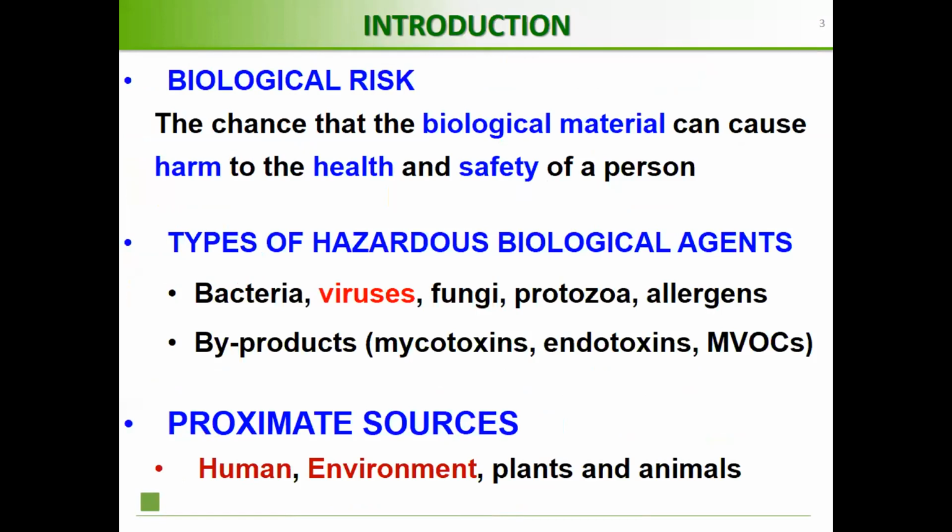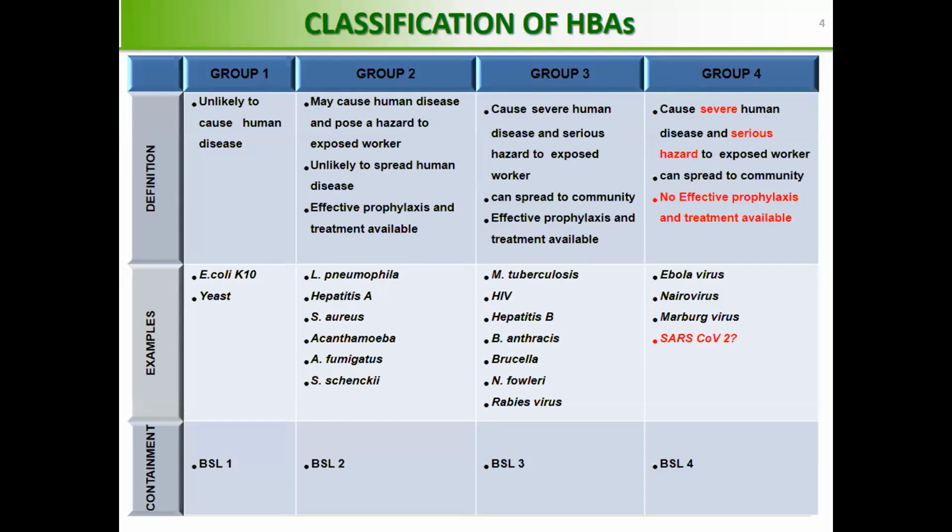And the proximate sources can either be people or humans, or the environment that we work in, as well as plants and animals. For today, when focusing on workplaces, the main sources will be your people and the environment you work in when it's contaminated. So hazardous biological agents are classified into 4 groups.